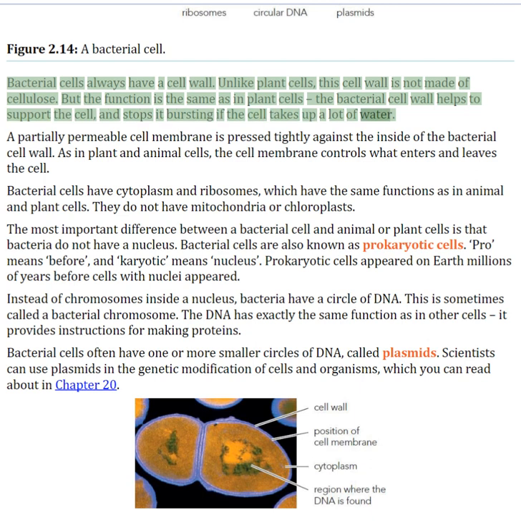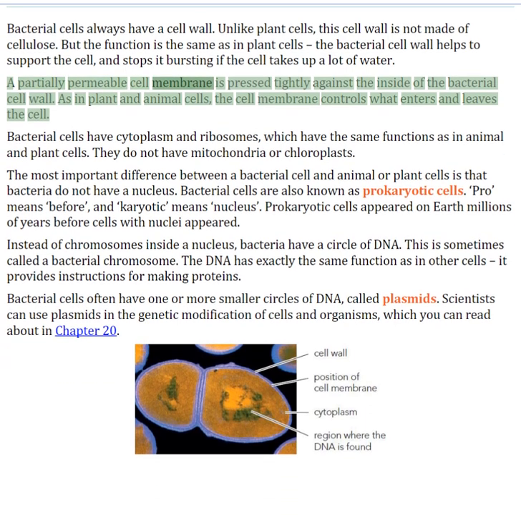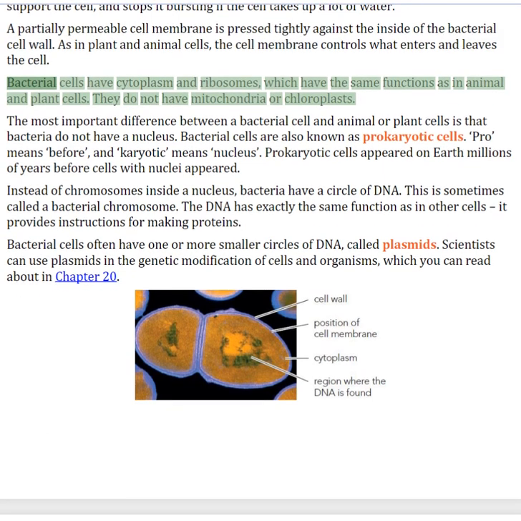A partially permeable cell membrane is pressed tightly against the inside of the bacterial cell wall. As in plant and animal cells, the cell membrane controls what enters and leaves the cell. Bacterial cells have cytoplasm and ribosomes, which have the same functions as in animal and plant cells. They do not have mitochondria or chloroplasts.